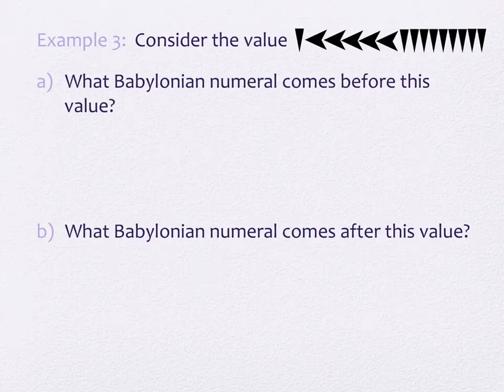So it looks very different, right? Lots of triangles and arrows. Now, kind of like with the Egyptians, where a bigger symbol comes before a smaller symbol, that happens here as well. So this is a symbol of 1, and this is a symbol of 10. But if the bigger symbol is supposed to come before the smaller symbol, then when you see them in reverse like that, that means the place value changed.